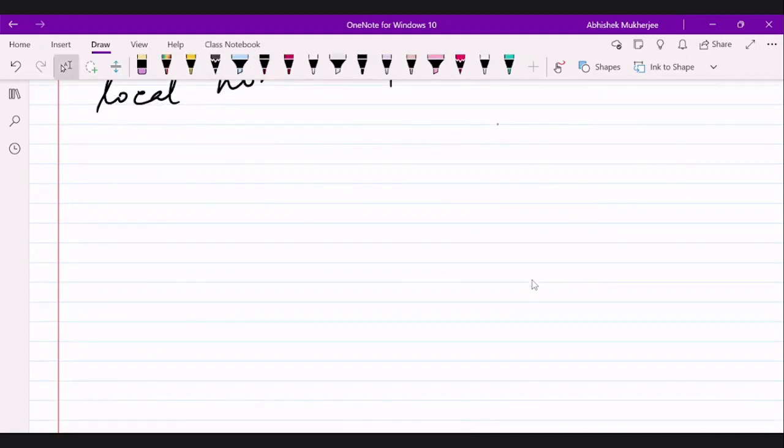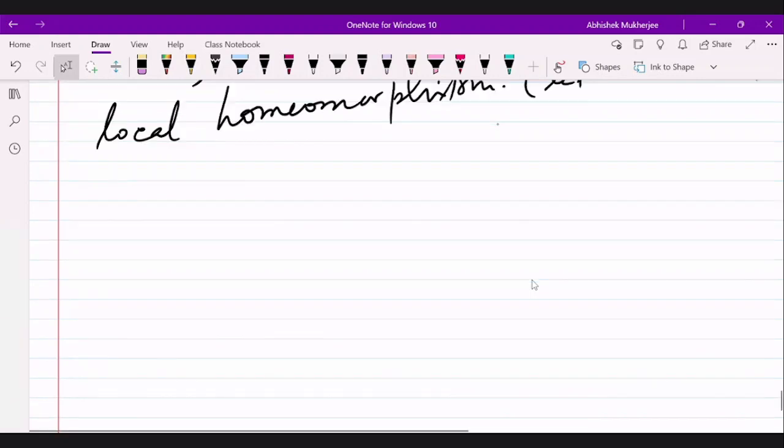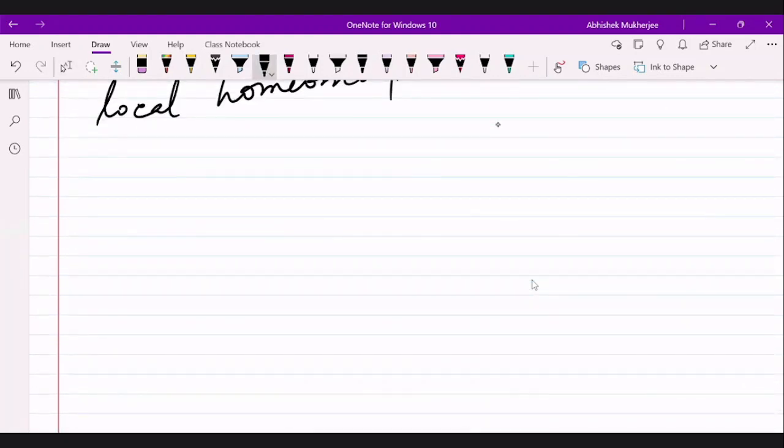Another good example that one might be interested in: we have already seen that R is a covering space of S1.